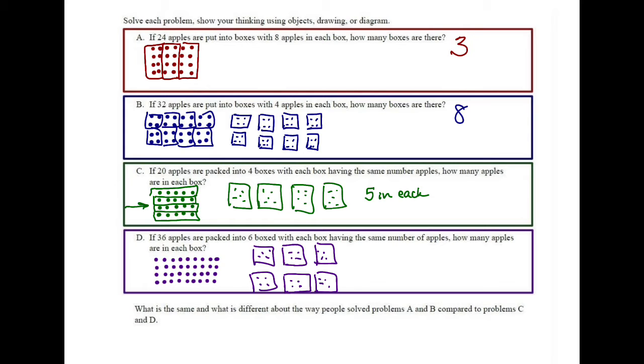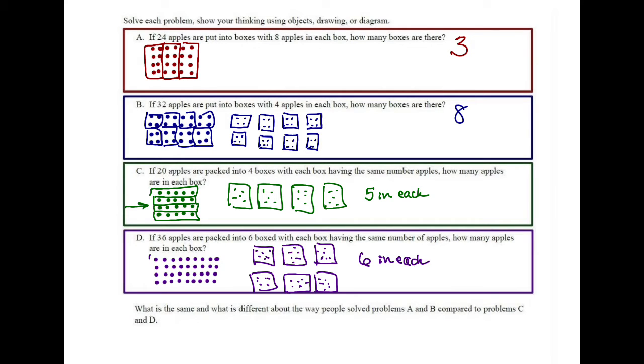So right here we have 4 in each box, and there are 6 boxes, so we only have 24. So I've got to keep going. 25, 26, 27, 28, 29, 30, 31, 32, 33, 34, 35, 36. So 6 in each, right?